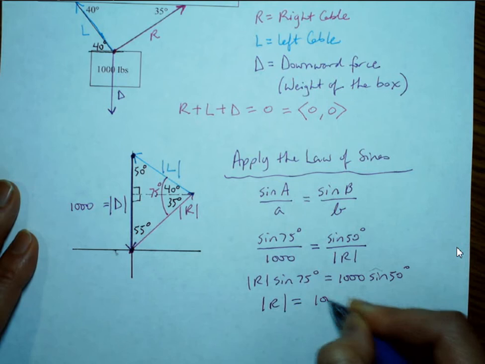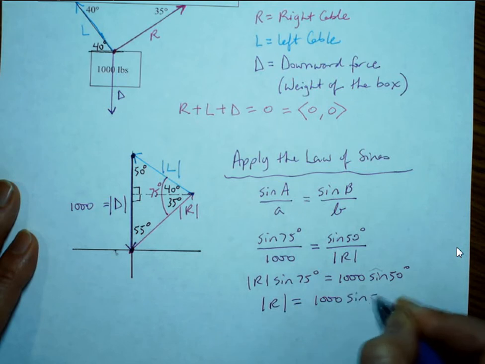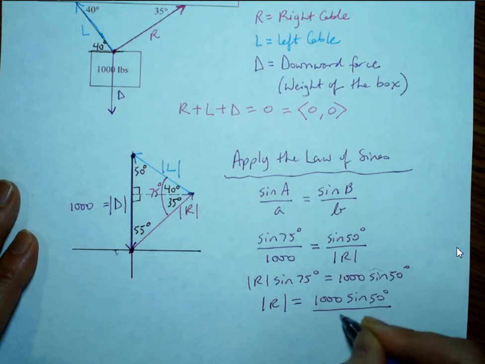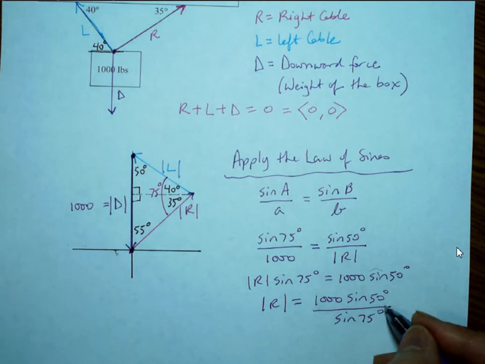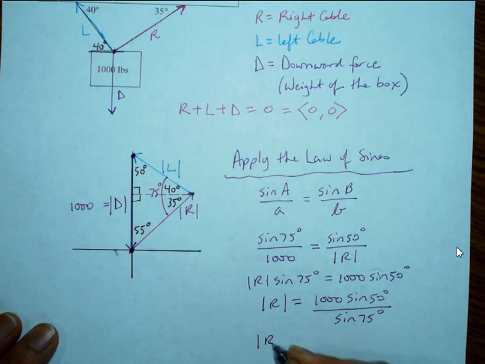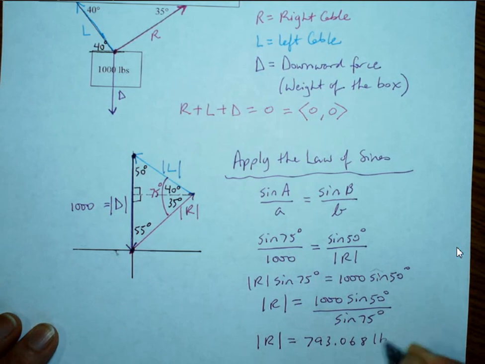So then the right tension is going to be 1,000 sine of 50 degrees divided by sine of 75 degrees. And punch that into the calculator, and you end up with an answer of R equaling 793.068 pounds. Okay, so that would be your right tension.